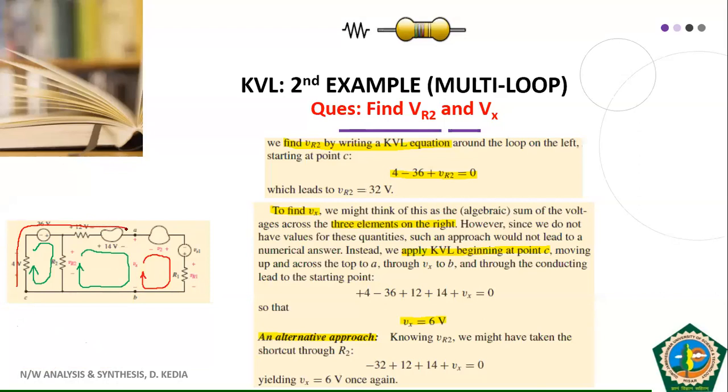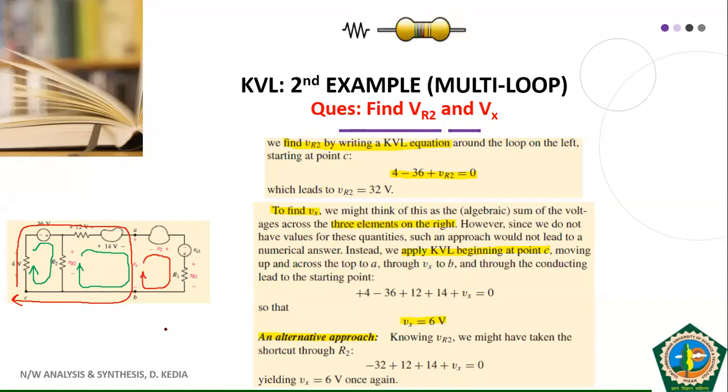Then we have plus 14. Then we are moving into plus Vx. And then we are coming back to that 4 volt. So this loop we are traversing, and if we do that, all other values are present with us, and we'll be able to find out Vx directly as 6 volt.